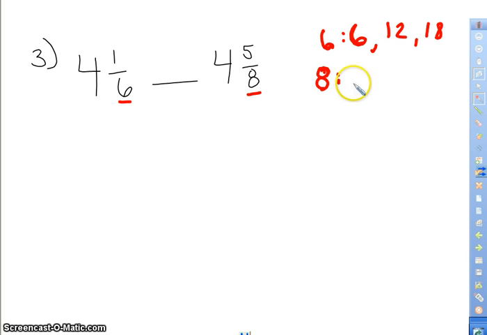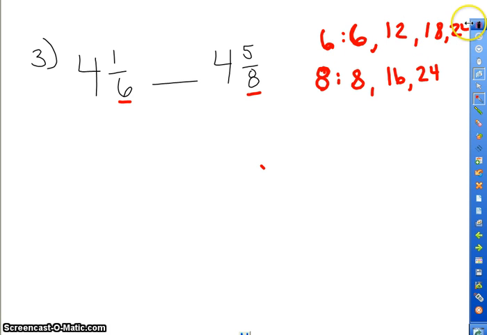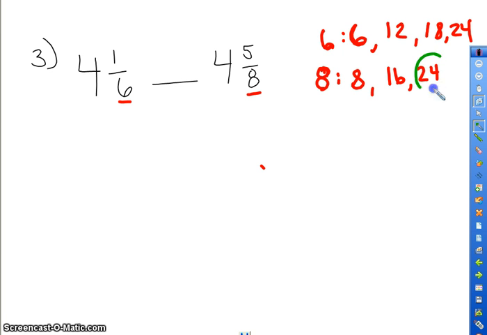I'm going to list my 8s. 8 times 1 is 8, 8 times 2 is 16, 8 times 3 is 24. Well, you'll see that I don't have anything that matches, so I have to keep going. 6 times 4 is 24, and I'm going to stop once again because I can see that my LCD here is going to be 24.